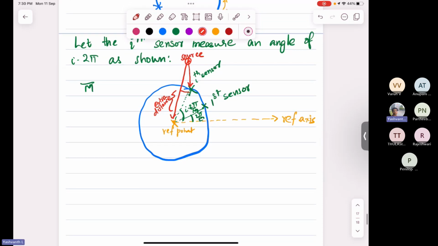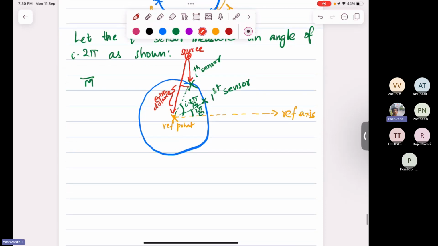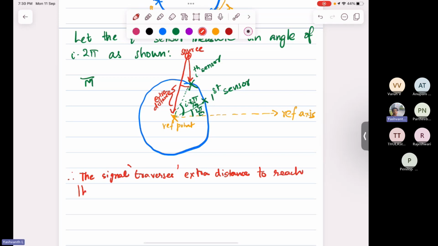Let me write it down. Therefore, the signal traverses, means it propagates, an extra distance to reach the center of the array, that is the reference point, against the ith sensor.